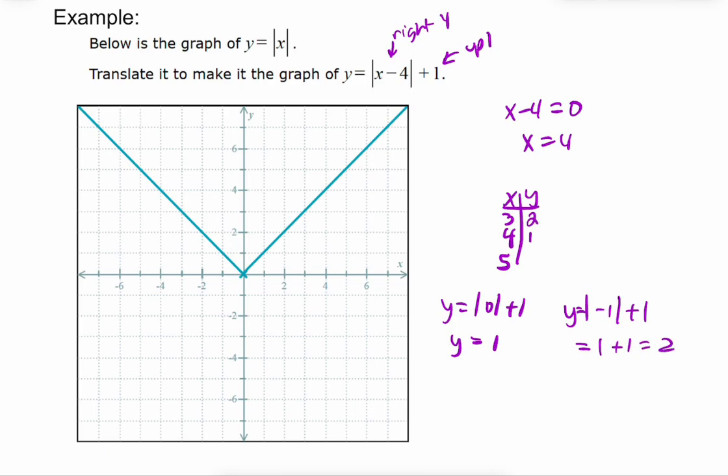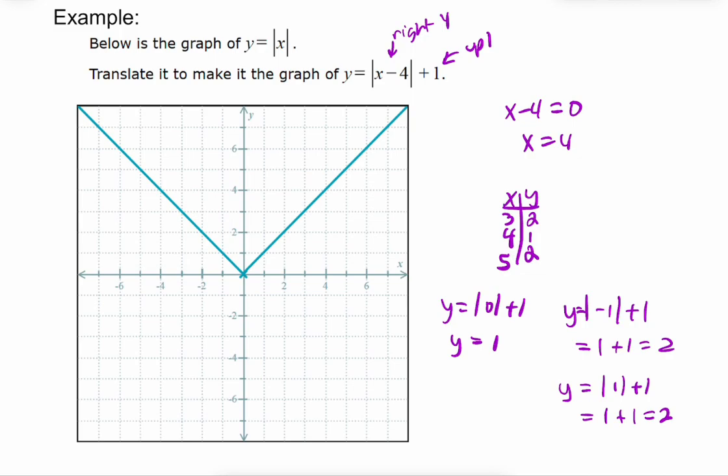So if I did it right, when I plug in 5, I should also get 2. Well, if I plug in 5, I get the absolute value of 1 plus 1, which is 1 plus 1, or 2. So remember, anytime you're doing absolute value, you have to get a singular value in the absolute value before you make it positive or negative, or do whatever you have to do to change it. So you'll notice those match.